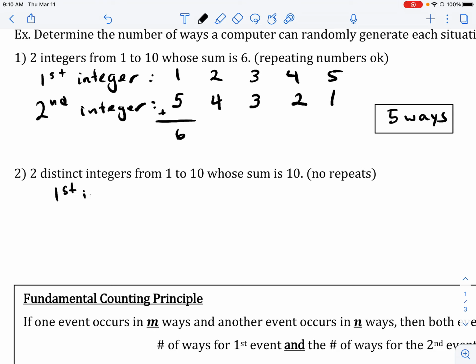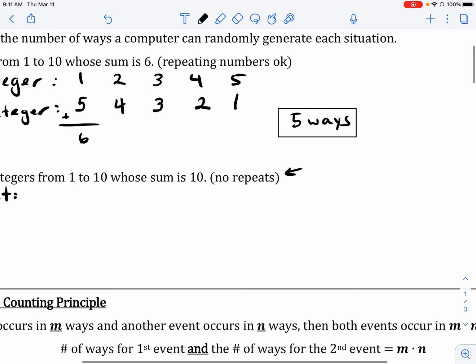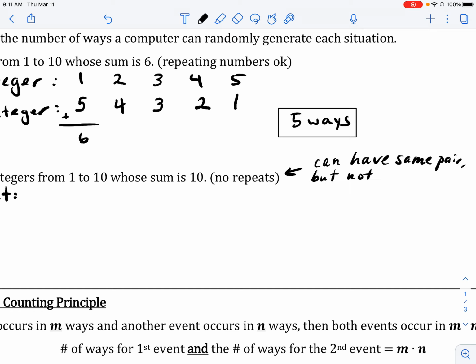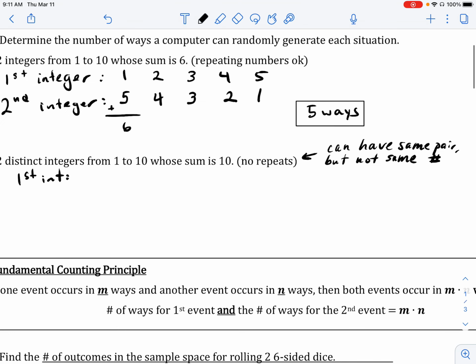So the first integer, and let me make sure I write that here: we can have the same pair but not the same number. Again, that means we can't have something like a 3 and 3. The first integer can be 1, 2, 3, 4, 5, 6, 7, 8, 9.